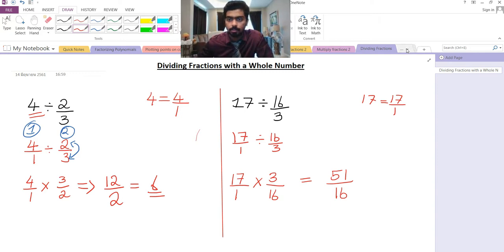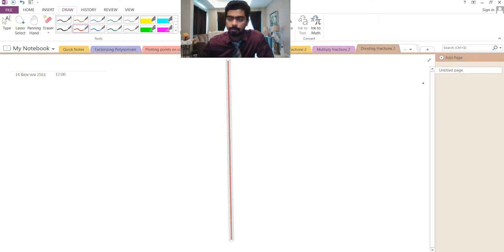Now let us say we try and divide a fraction with a fraction. Let's say we have 16 over 5 divided by, let's say, 22 over 10.